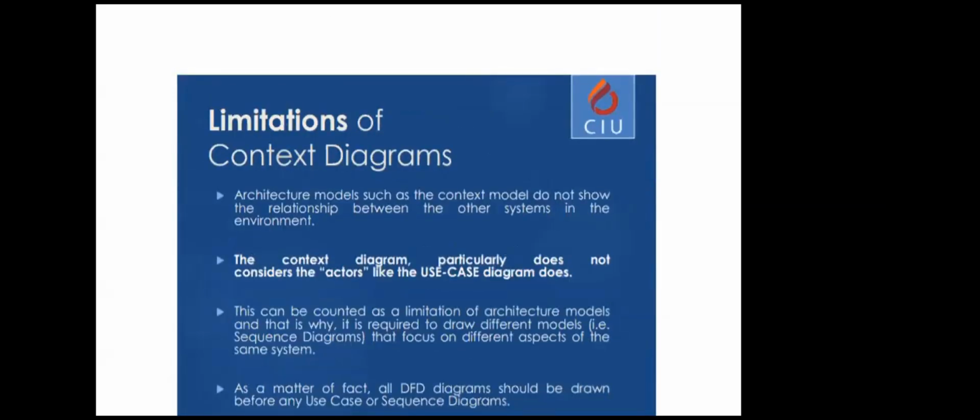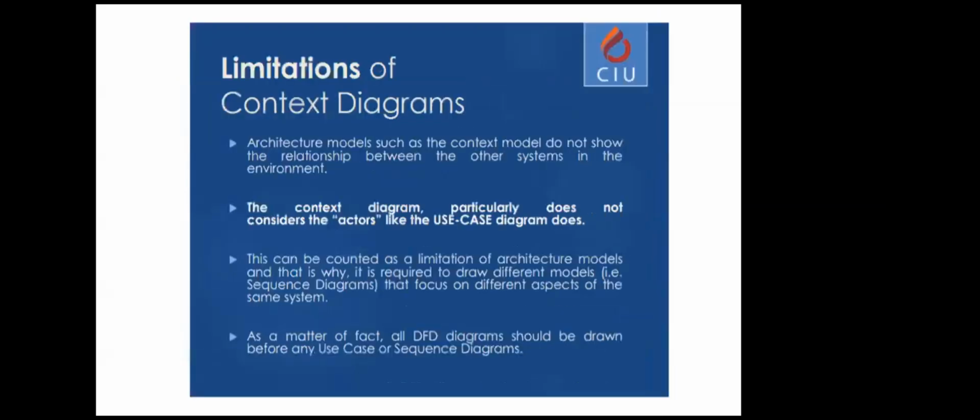There are quite a lot of limitations which resulted in context diagrams being abandoned in the industry. So we are also discussing the historical perspective and moving more into the UML specifications. Architecture models such as context models do not show the relationship between the other systems in an environment. This is not something that particularly regards external entities, as they stand outside the system, but they're still interacting with the system.